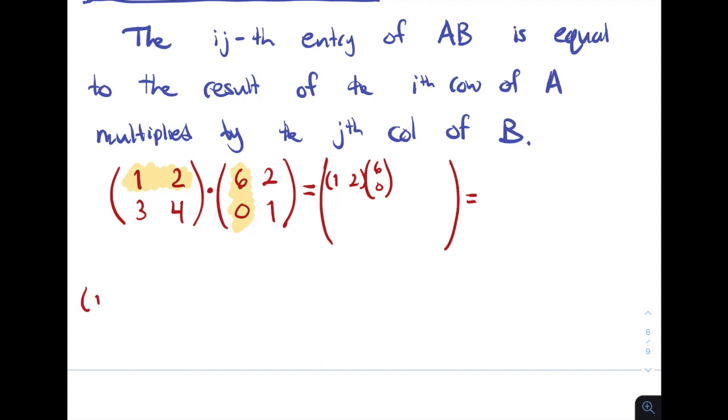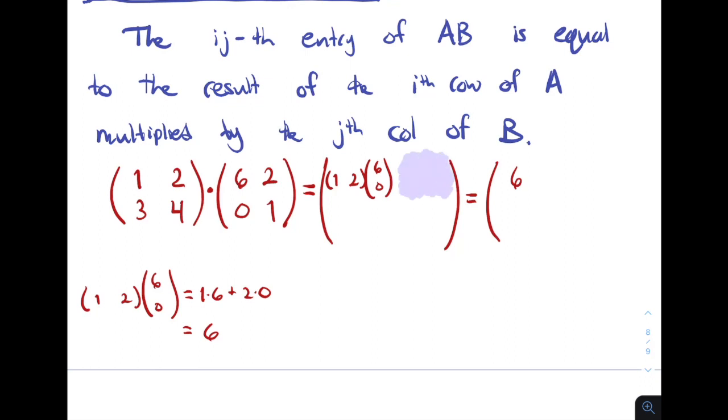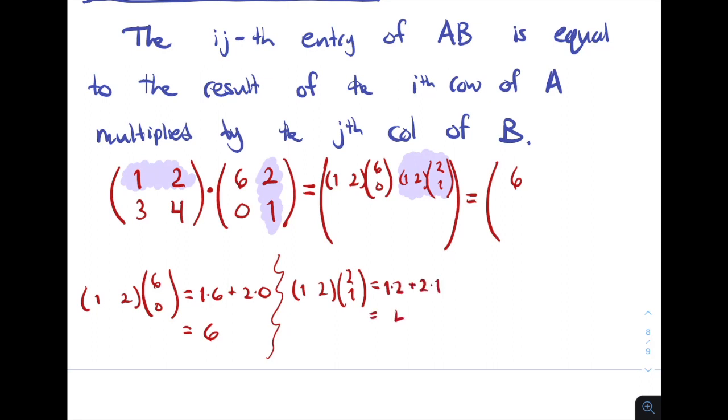And we might have to do that as a separate problem. 1, 2 times 6, 0 equals 1 times 6 plus 2 times 0, which equals 6. To identify what lives in the first row and second column, we'll take the elements that live in the first row and multiply by the things that live in the second column. We'll get 1 times 2 plus 2 times 1, which is 4.